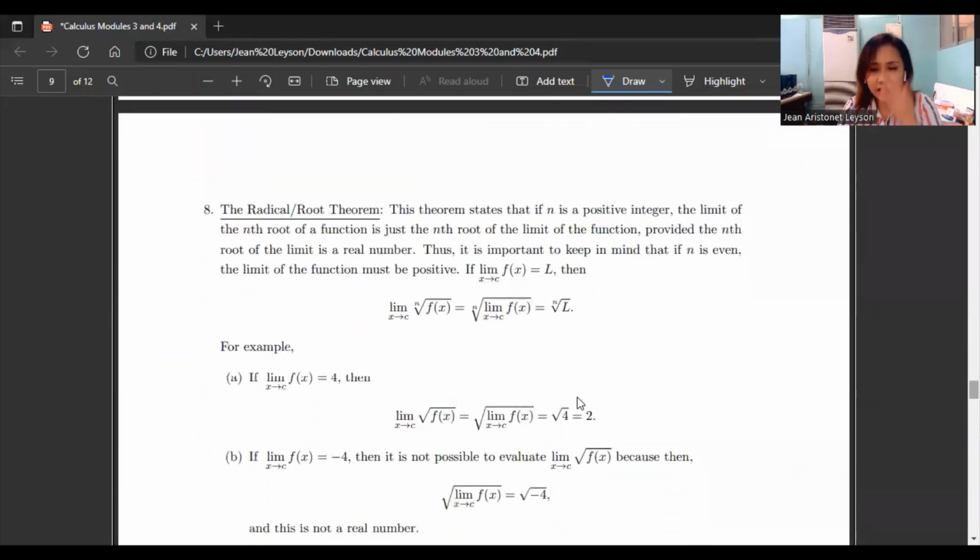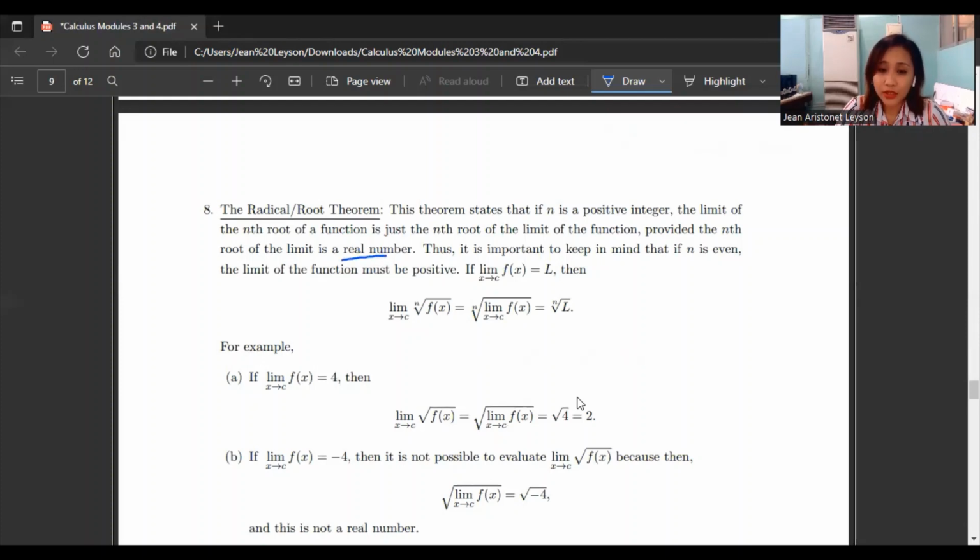Number 8, and this is the last theorem: the radical or the root theorem. This is the inverse of the power rule or the power theorem. This theorem states that if n is a positive integer, the limit of the nth root of a function is just the nth root of the limit of the function, provided the nth root of the limit is a real number.